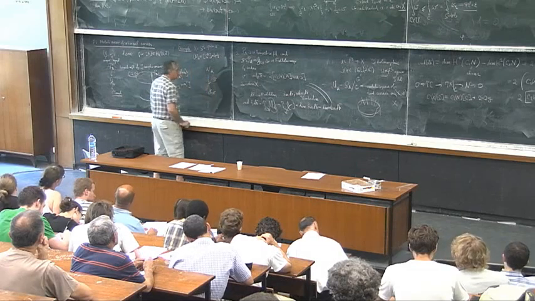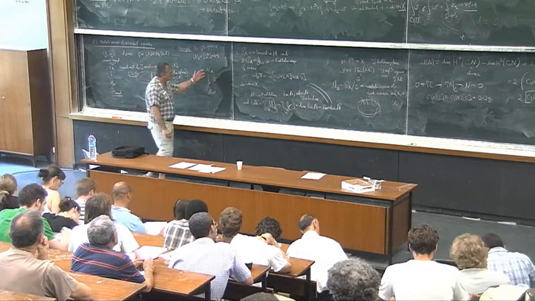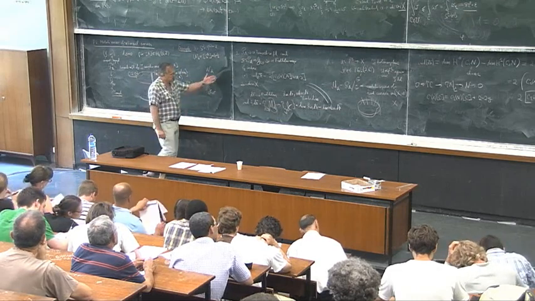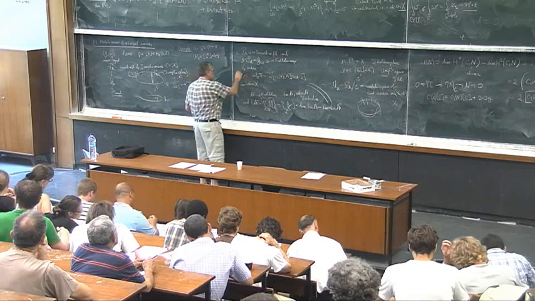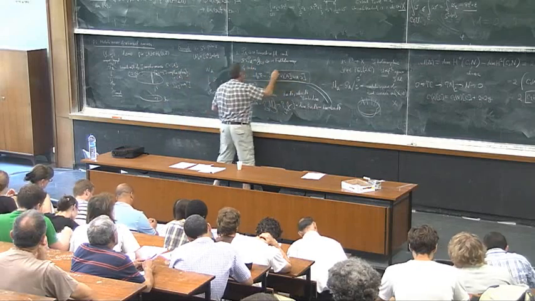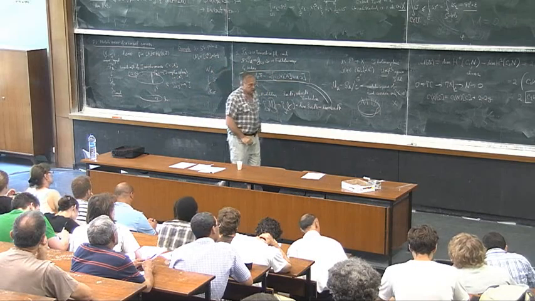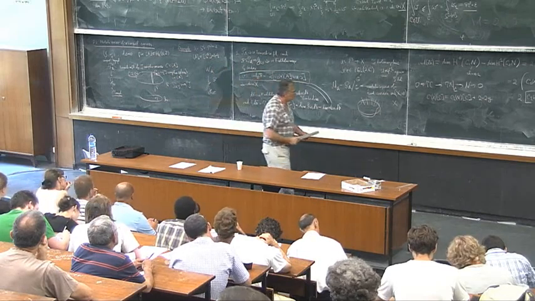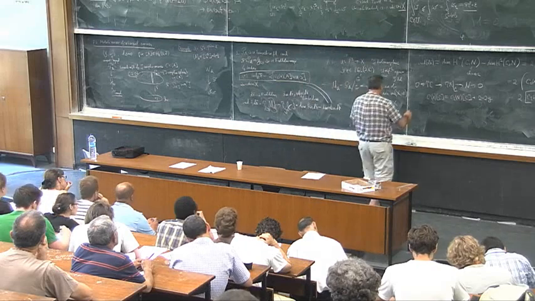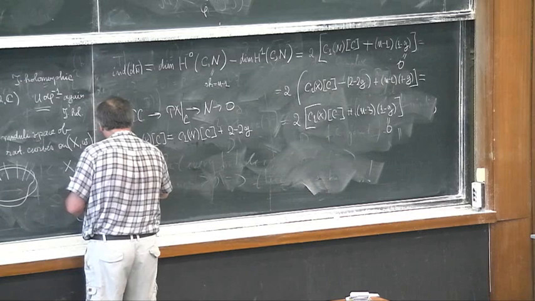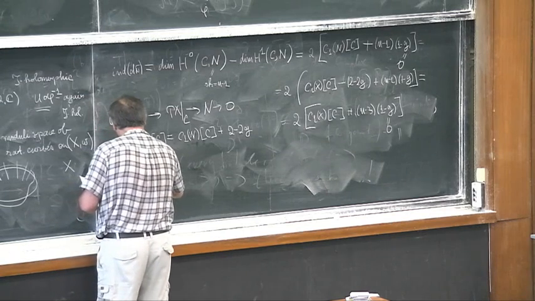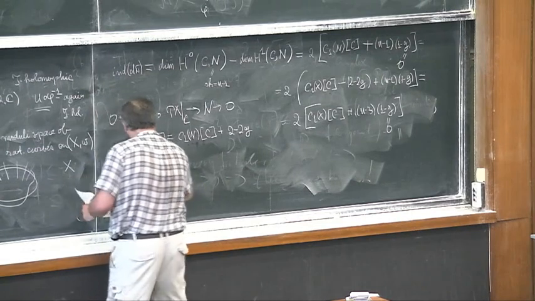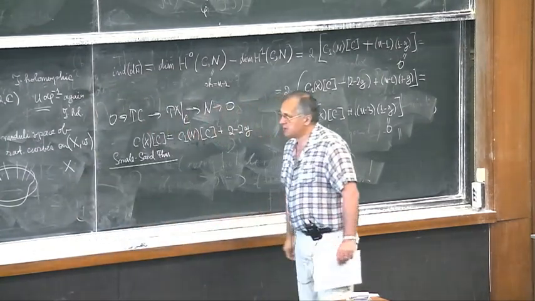The projection is P, and this is a Fredholm map, and the index is given by this relation. Now we use the Smale-Sard theorem, which tells us the following.